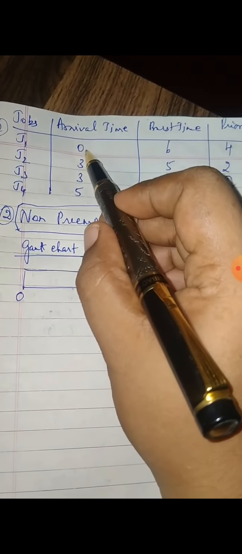When arrival time is given, you have to check the arrival time. But suppose arrival time is not given to you, and you have only job, burst time and priority. In this case you have to write a statement: assume arrival time is equal to 0.